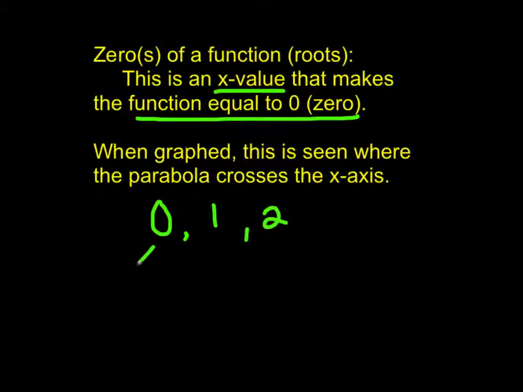And so if you see 0 of them, it means that the function doesn't cross the x-axis at all. If you see just 1, that means the parabola just barely touches the x-axis and goes back up, so that means that this is the vertex. And if you see 2, it means that the arms come up and cross in 2 places.